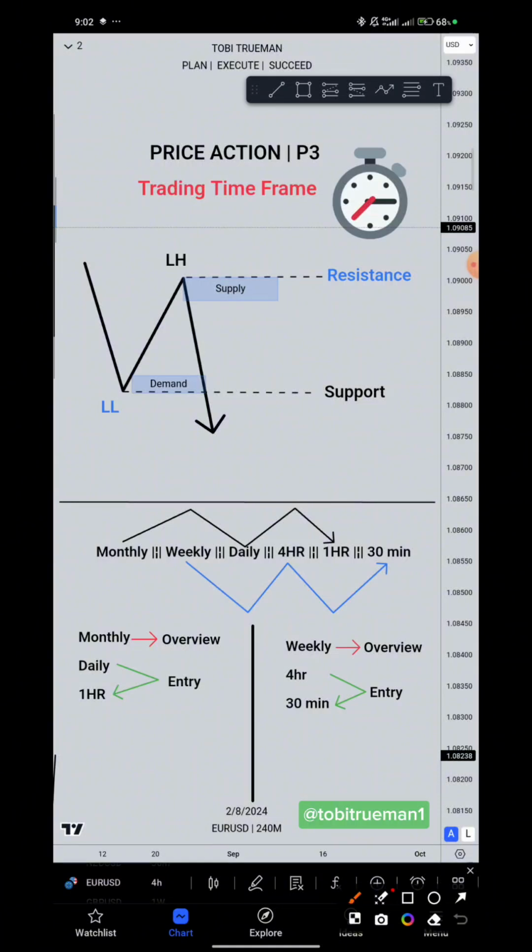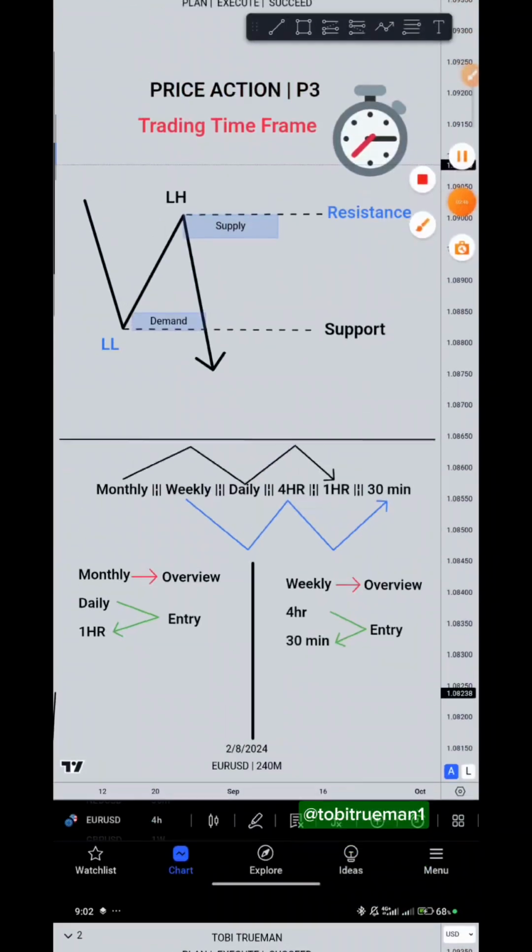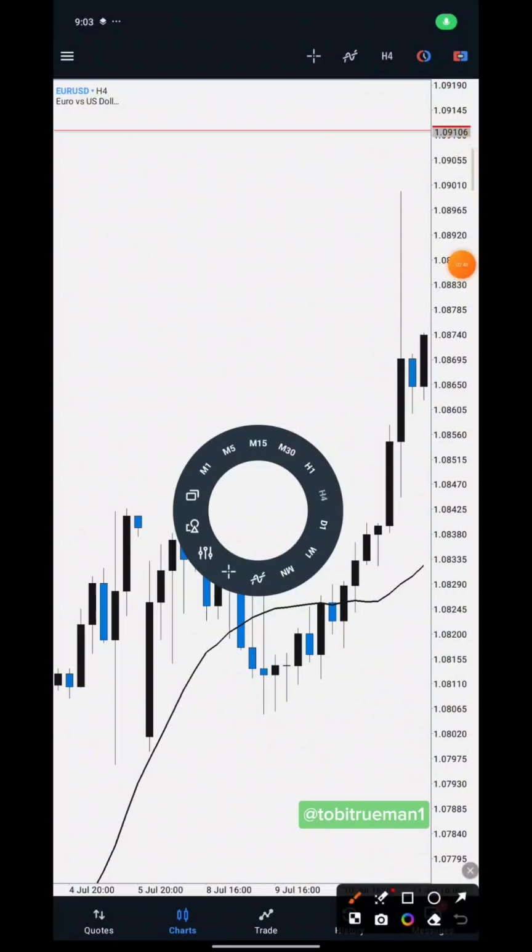Now for the trading time frame, this is the main time frame that you can see on your MT5 or MT4 using the mobile version. Let me go there. So this is on the MT5. When you click on your screen, it will just pop out. You can also see it on the MT4, or as far as mobile is concerned. These are the available time frames.